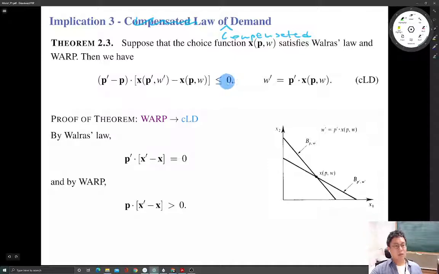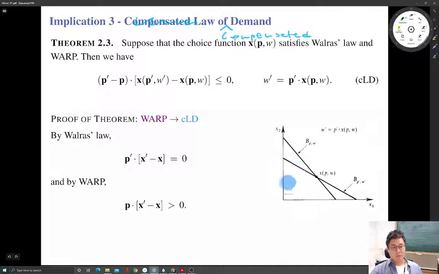But one important thing is here, w prime, the consumer's wealth, is adjusted, such that now the consumer can afford the previous bundle under the new price vector. Okay, so just like the Slutsky compensation. So here we have the original bundle, and we observed the consumer chose this bundle.